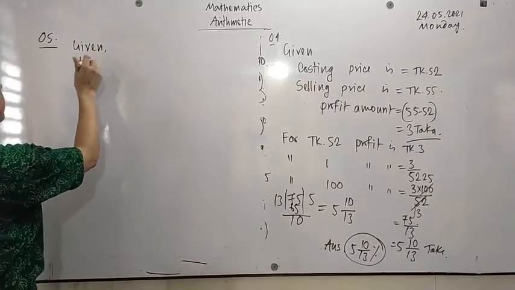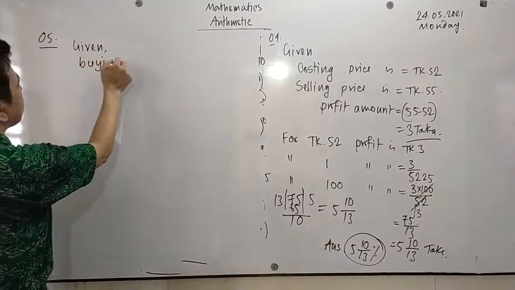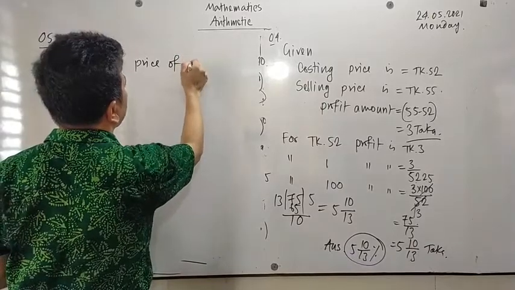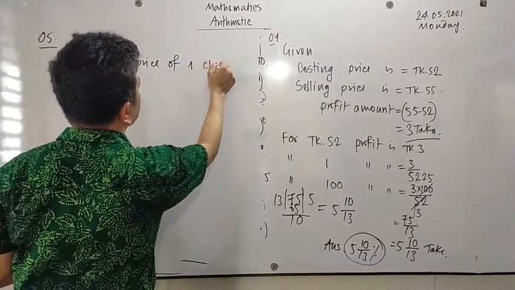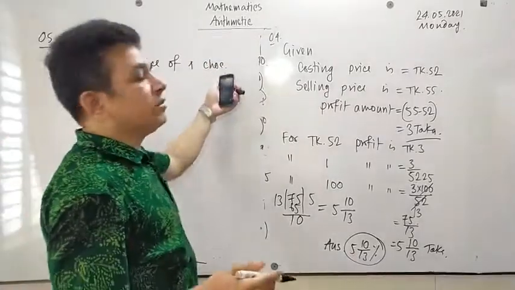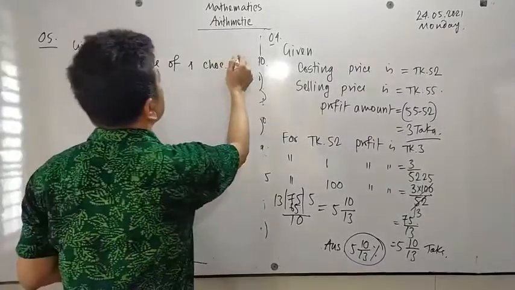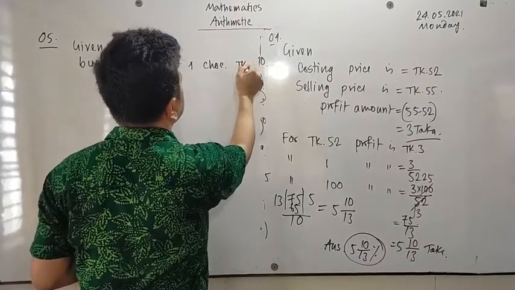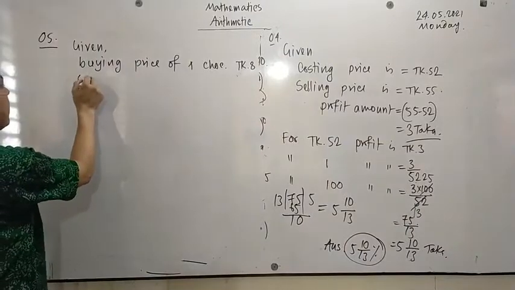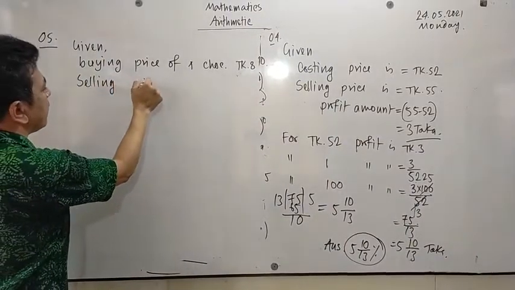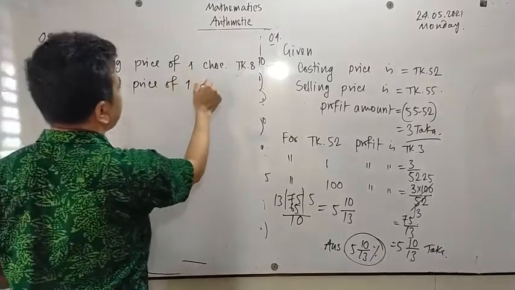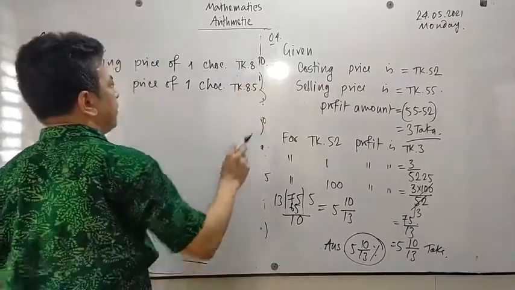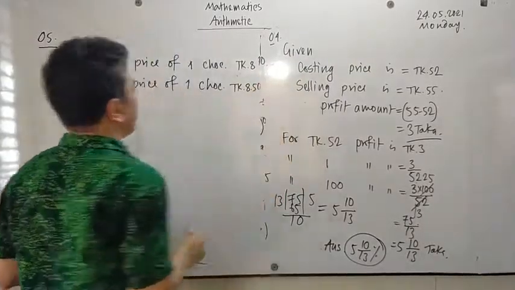The buying price of one chocolate. I've written just the short form, chocolate. The buying price of one chocolate is 8 taka, and the selling price of one chocolate is 8.5 taka, or 8.50, no problem.